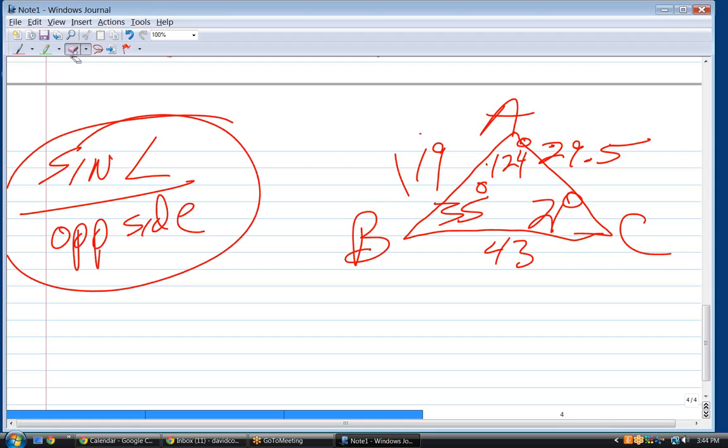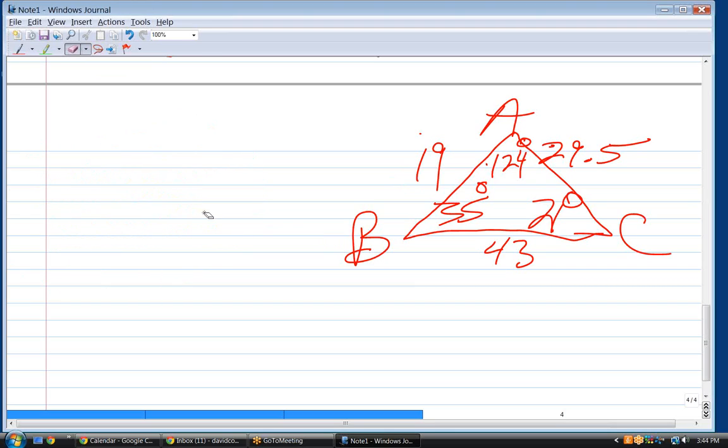But it's not the opposite angle divided by the opposite side, it's the sine of the opposite angle. So the only thing we know for sure is largest has to be opposite largest, smallest opposite smallest, and the medium angle opposite the medium side. That's the only test that we can apply as a ballpark test.